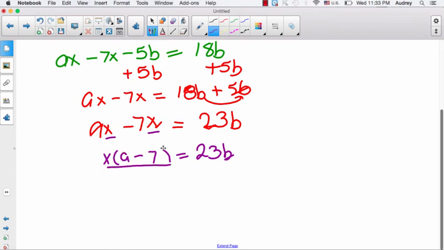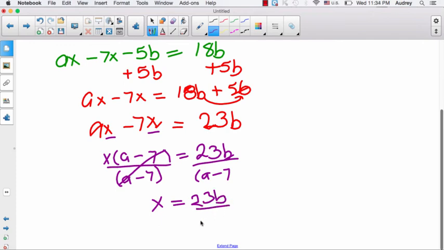X times A minus 7, inverse, divide. Divide by what? Well, we're going to take that whole A minus 7 away. Divide by A minus 7, which leaves us, these cancel out, X equals 23 times B divided by A minus 7.